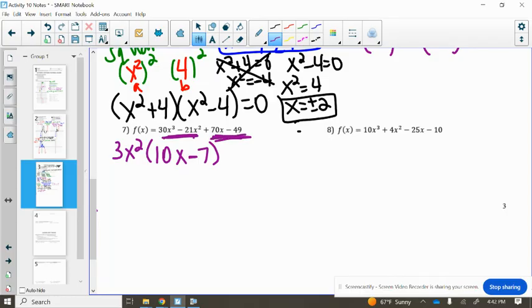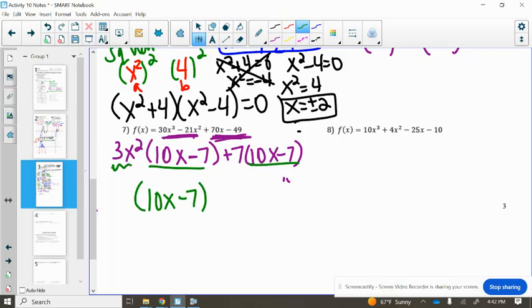These have a GCF of positive 7. And again, when we divide that out, we're left with the 10x minus 7. So that 10x minus 7 is one of our factors. The other factor then is 3x squared plus 7.